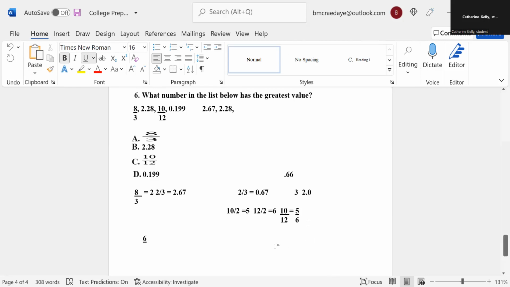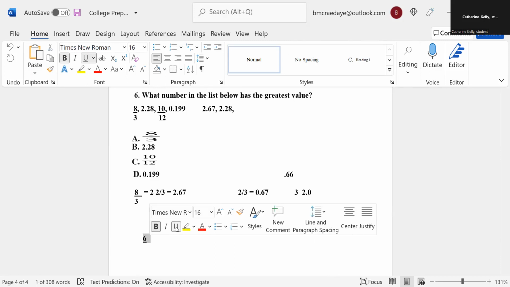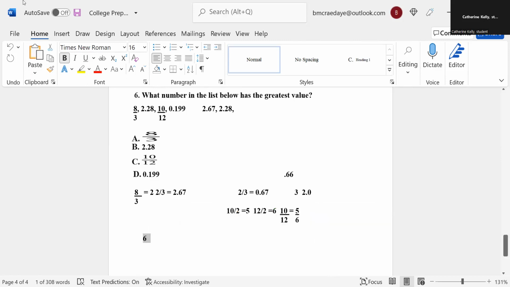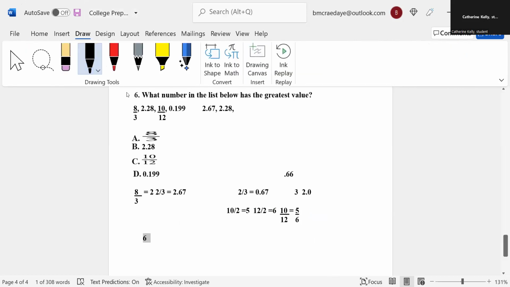Now let me underline. Let me see if I can do it drawing. Okay, I've got 6, and here we go, 5. See, I can draw it.